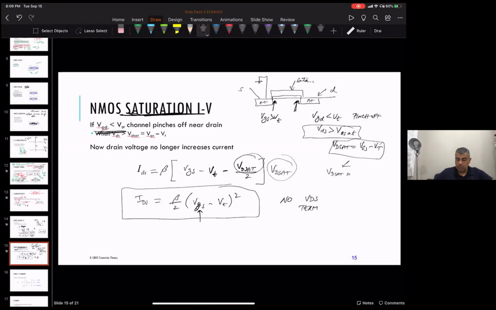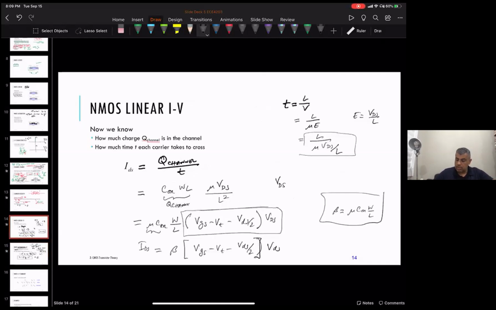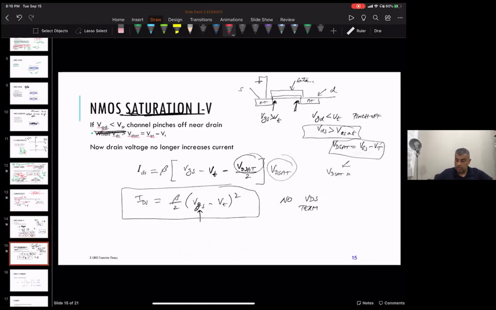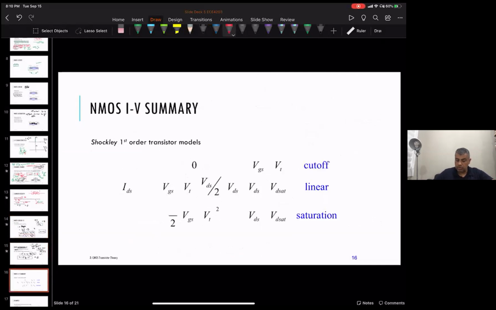That's why we call this saturation and the other linear: there we still have VDS terms, so current is still proportional to VDS, but here there's no dependency of IDS on VDS. It's only the gate source voltage.